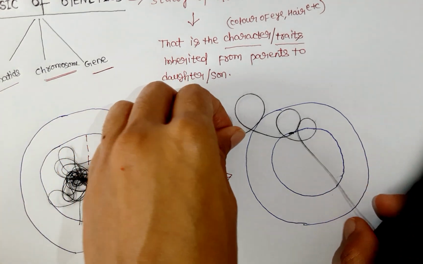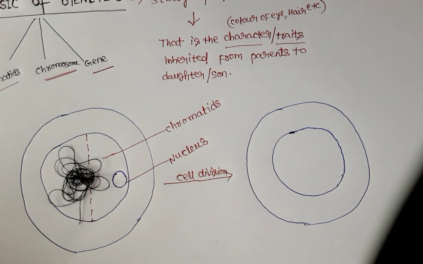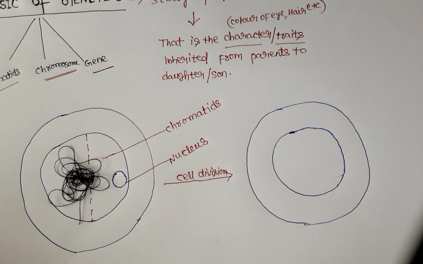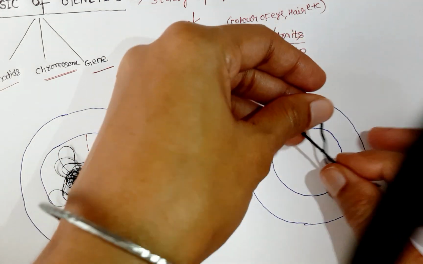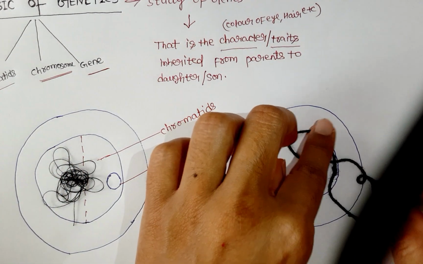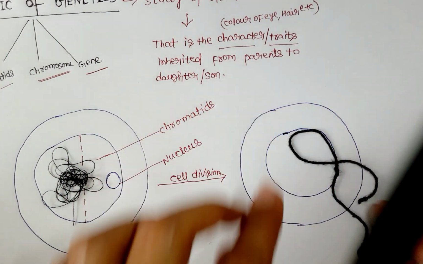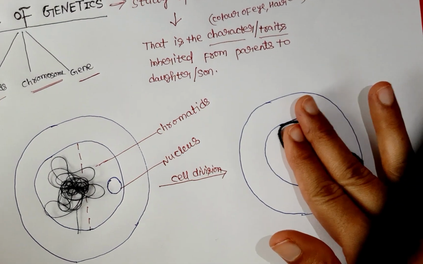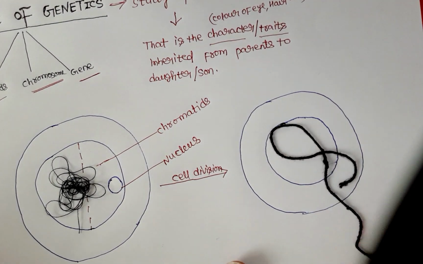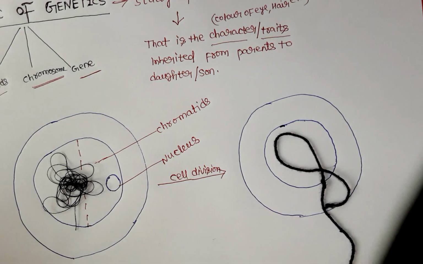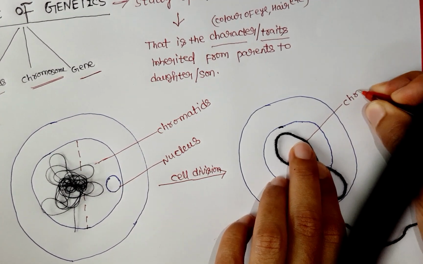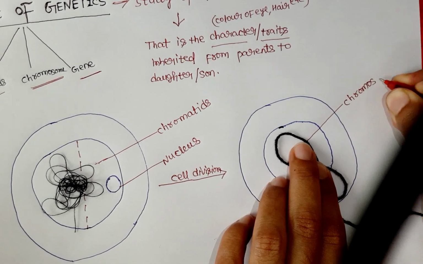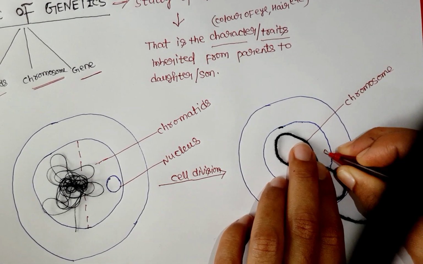So after this they look like this. What is this? This is chromosome. Chromosome. And here is a nucleus.